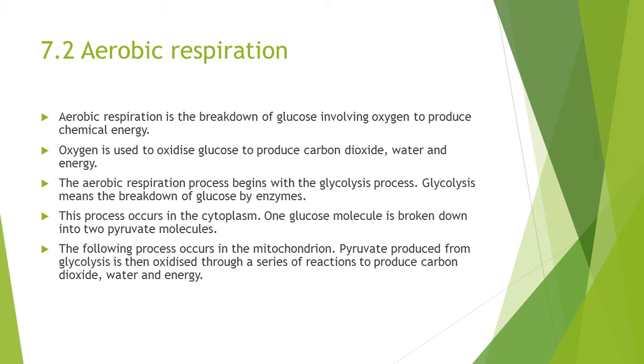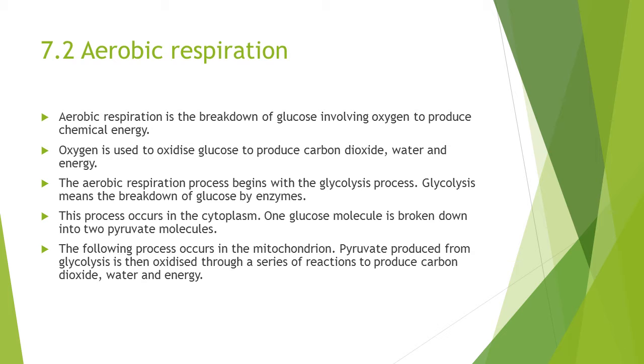Then the following process occurs in the mitochondrion. Pyruvate produced by glycolysis is then oxidized through a series of reactions to produce carbon dioxide, water and energy. Meaning after the pyruvate is produced in the glycolysis process, it will be transported into the mitochondrion.